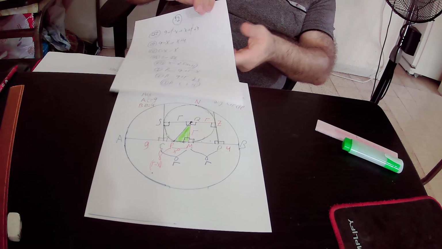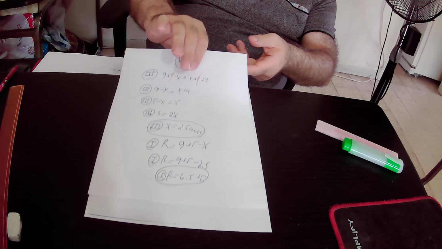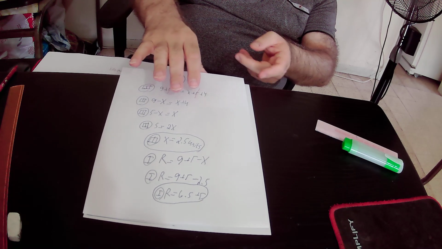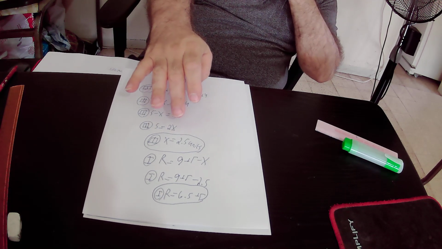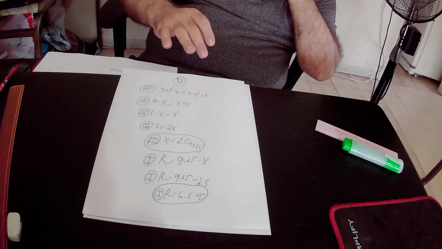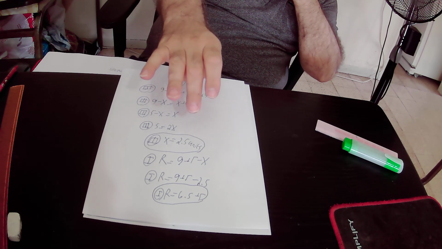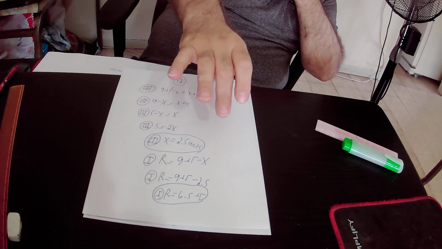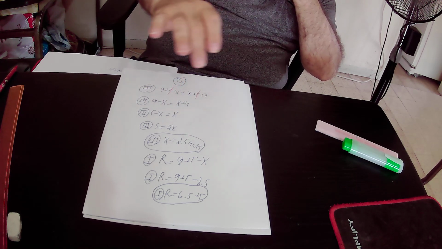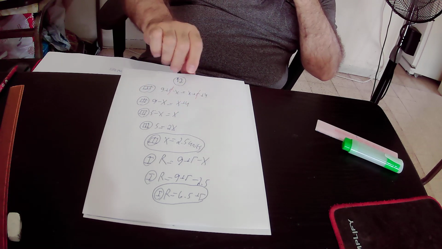X, that is actually PM, equals 2.5 units. So we have equation number 1 that states that capital R equals 9 plus small r minus X. We substituted X by 2.5 units and we got that capital R equals 6.5 plus small r, and we also know that X equals 2.5 units.